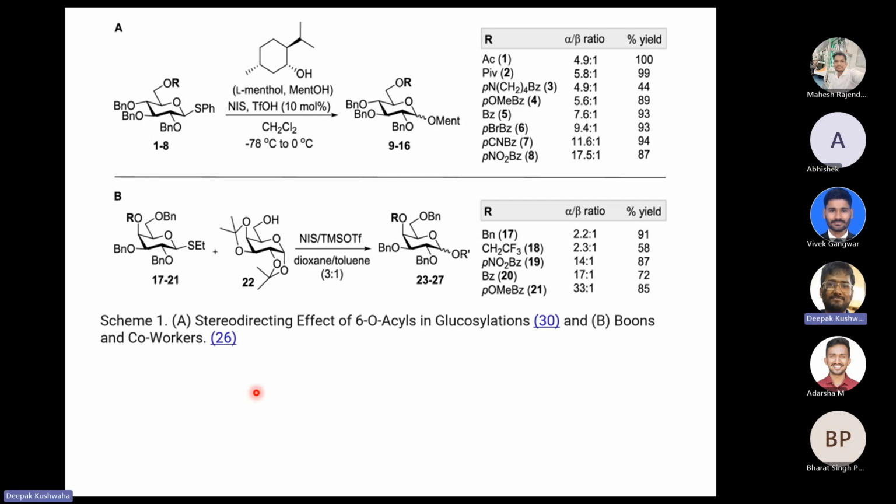No, no, why? It is there. Actually, these two reports are coming from two different groups.